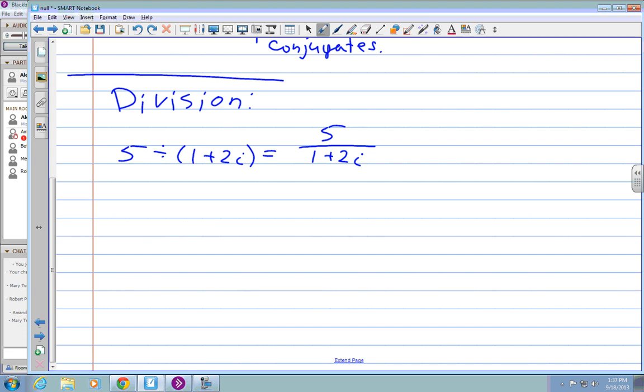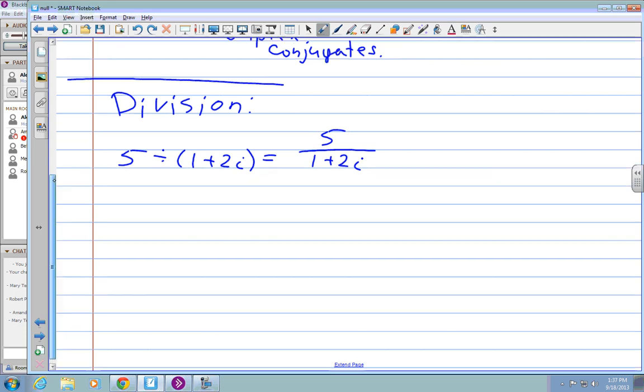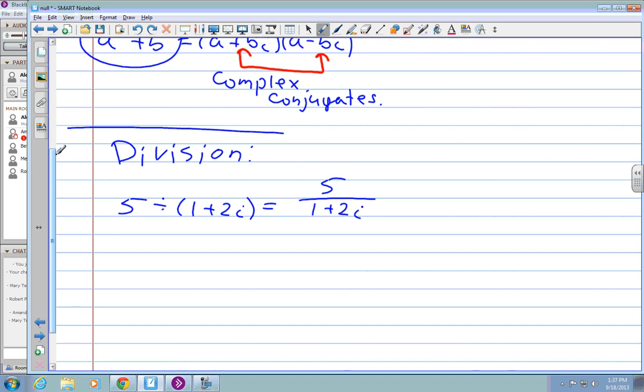Now rewind about a minute and a half, to the phrase that I repeated 7 times. Multiply by its not opposite, but complex conjugate, because the product of complex conjugates results in a positive real number.